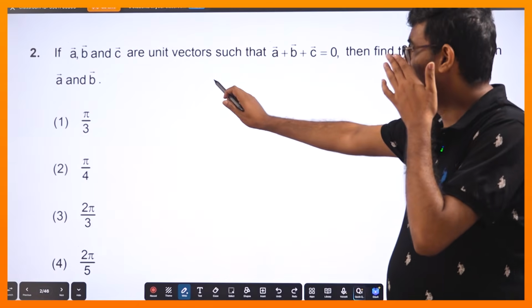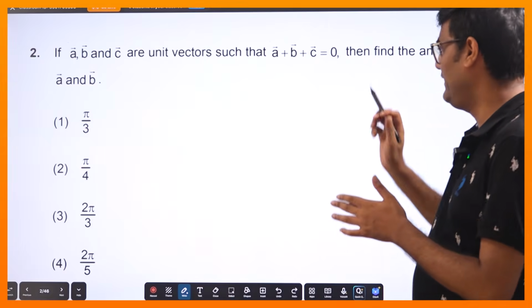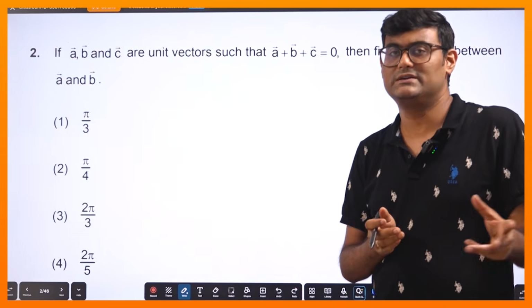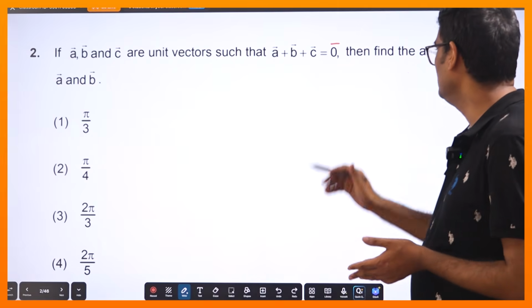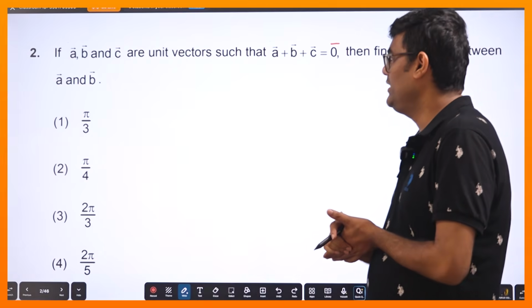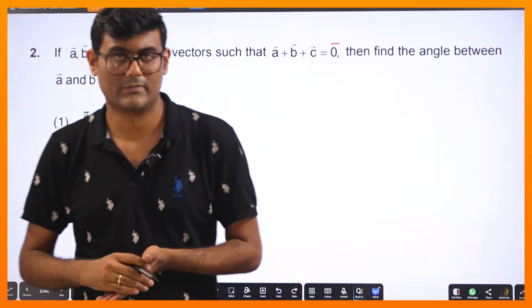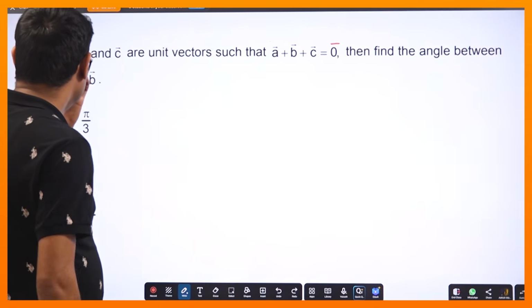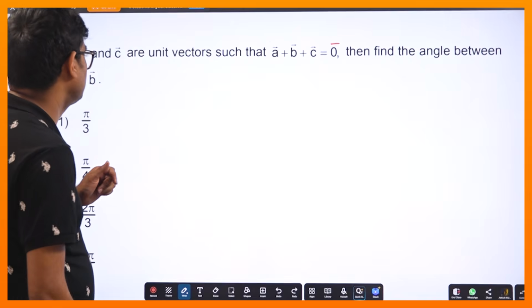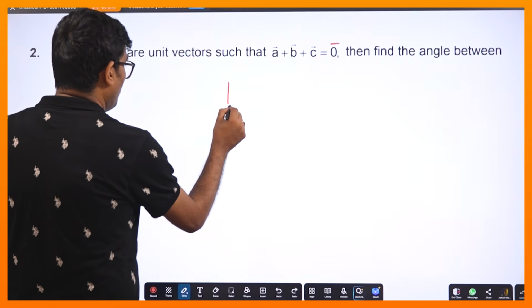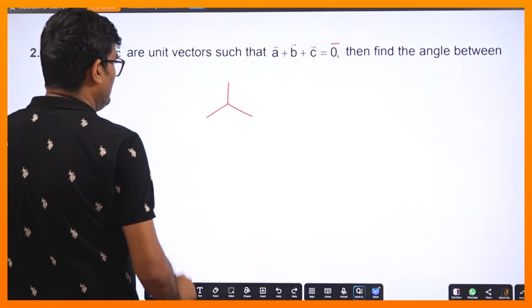All right. The next question says that if A, B, C are unit vectors such that A plus B plus C is equal to 0, there should be a vector sign over these also, then find the angle between vector A and vector B. So what can be the angle between A and B such that A, B, C, all of them when added, give 0?